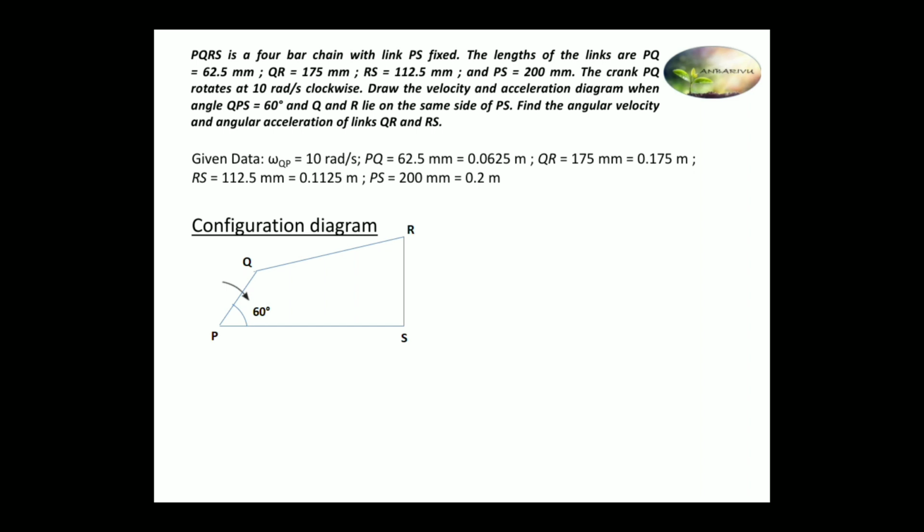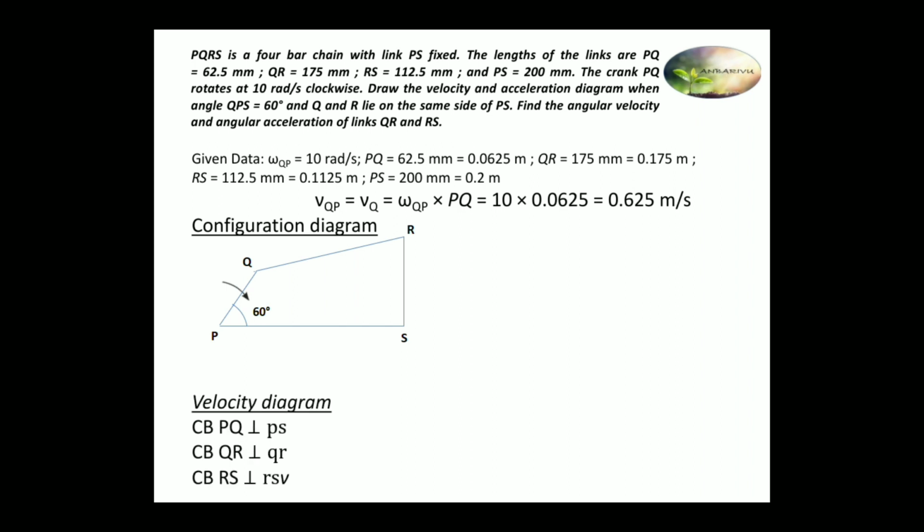Next, the velocity diagram. Velocity equals angular velocity times distance. In this problem, the angular velocity of QP is given. So the velocity of QP equals angular velocity 10 times distance 0.0625, equal to 0.625 meter per second.